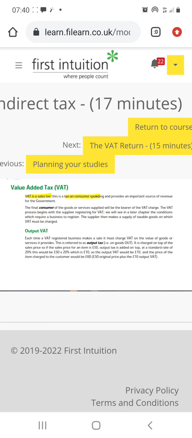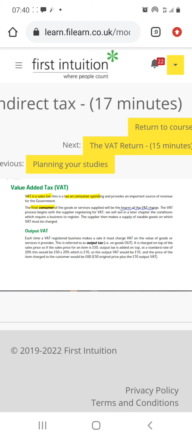It's a hugely important source of revenue for the government. They collect lots of tax revenue through the collection of VAT from us. And it's us, you and I, as the final consumer. By consumer, I mean somebody that's not registered for VAT, somebody, Joe Bloggs, just going about their normal, ordinary business. It's us that will bear the ultimate cost of VAT that's being charged.